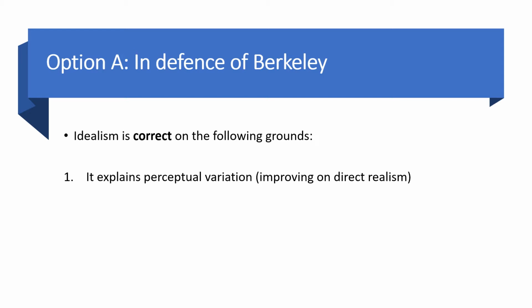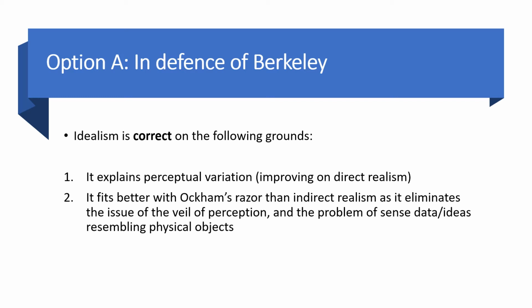Remember, Berkeley is accepting some of the points of Locke's indirect realism, and he's going to argue that things like perceptual variation mean that what we perceive is in our minds rather than the objects outside of our minds.